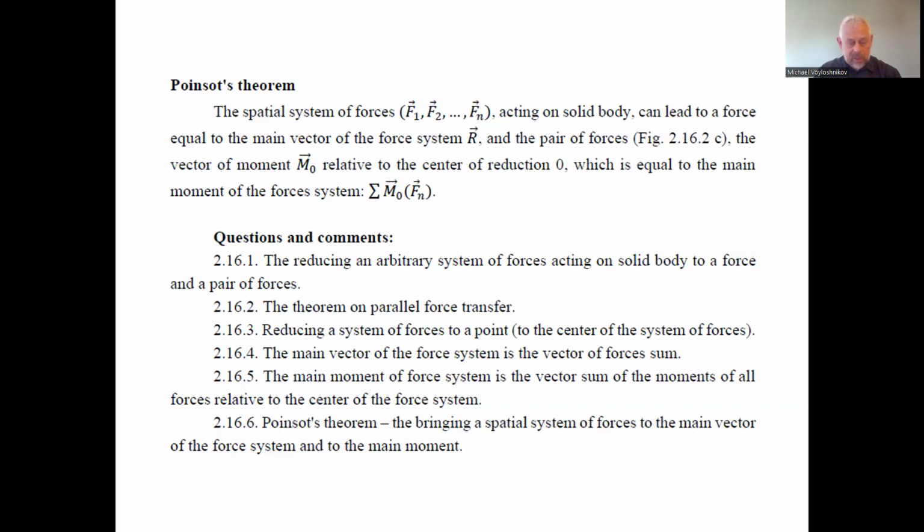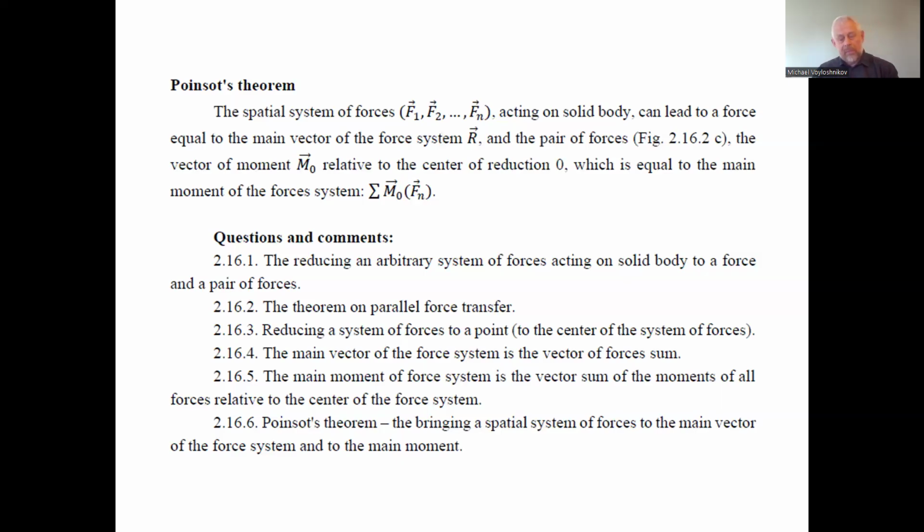Together with the assigned force, it predetermines the rotating moment. So reducing the system of forces, we obtain the moment of forces as well.